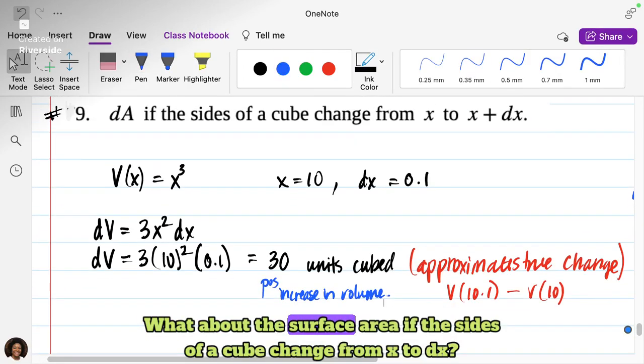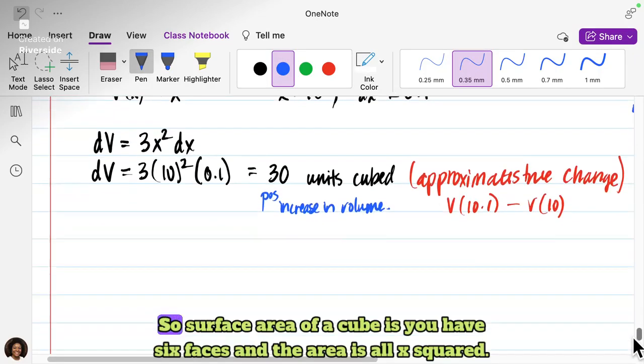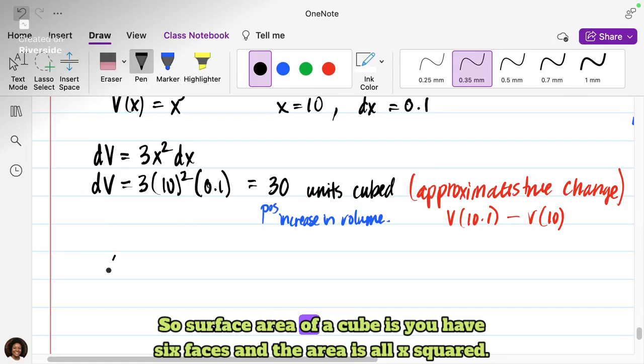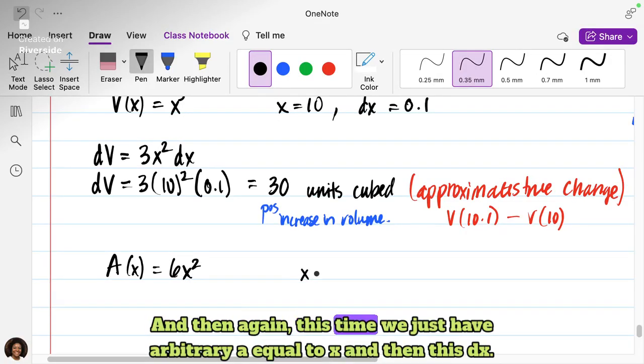What about the surface area if the sides of a cube change from x to dx? So this is just arbitrary. The surface area of a cube is you have 6 faces and the area is all x squared. So you have 6x squared. And then again, this time we just have arbitrary A equal to x and then this dx.